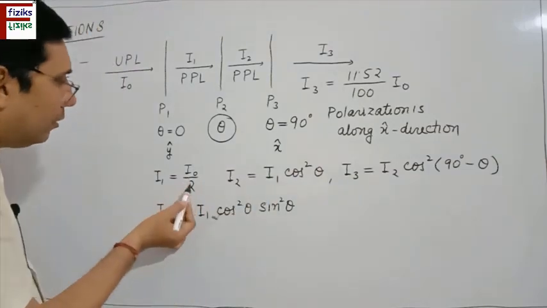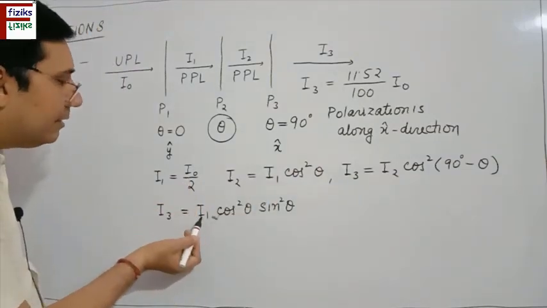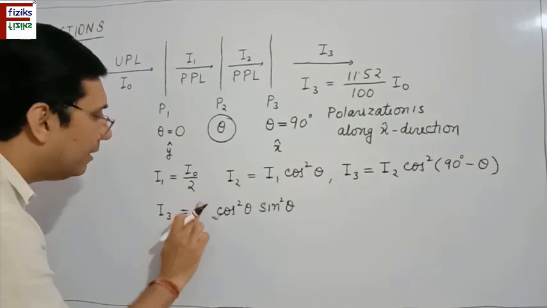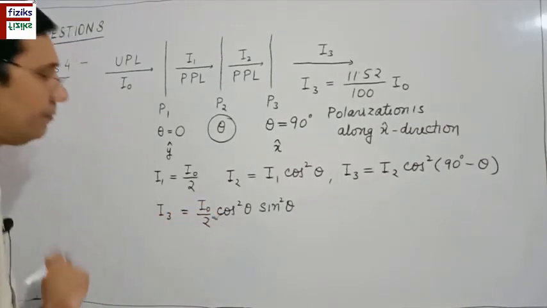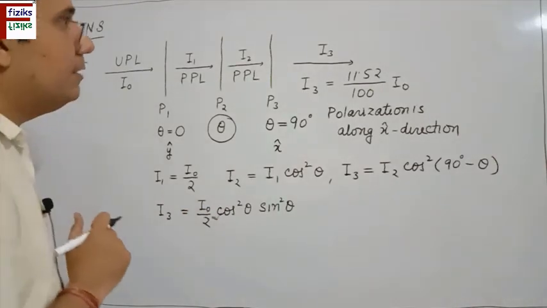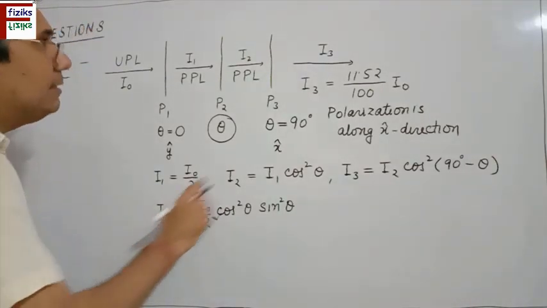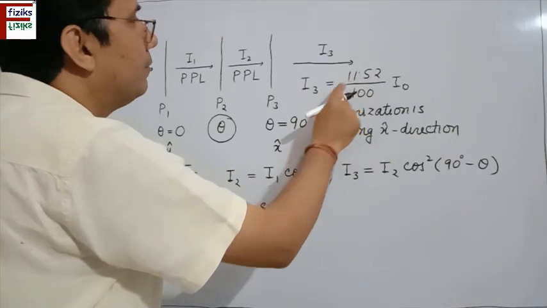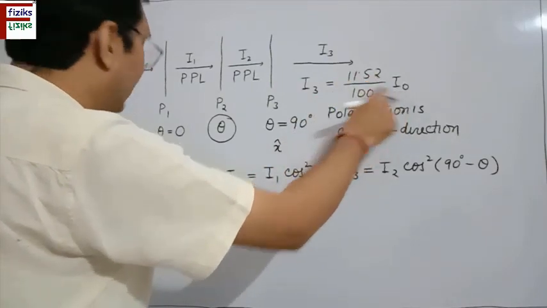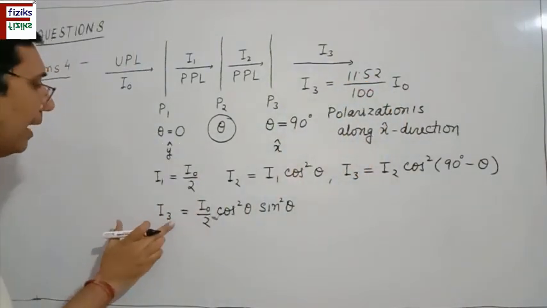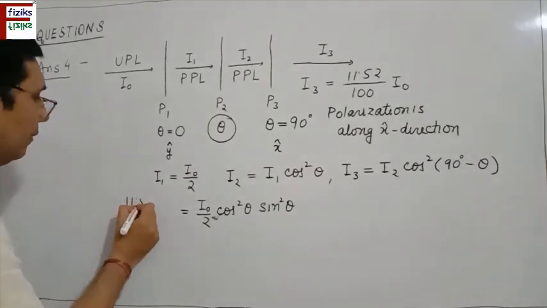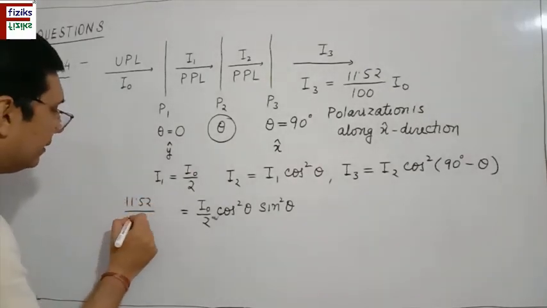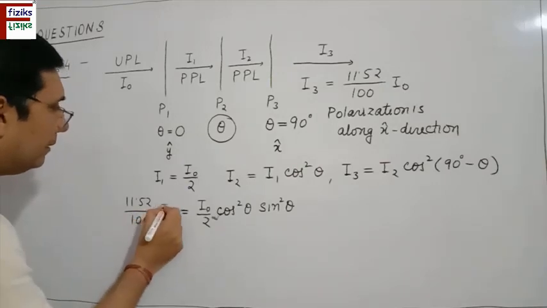Now I1 is equal to I0 by 2, so I replace I1 by I0 by 2 here. Now what is given in the question? That the emerging intensity is 11.52% of the original intensity. So in place of I3, I will write 11.52 by 100 into I0.